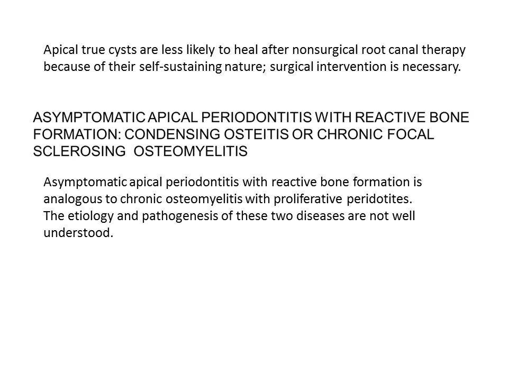Sometimes we really have symptomatic apical periodontitis, but there is also condensing osteitis with it, chronic focal sclerosing osteomyelitis. And here we have to take care.